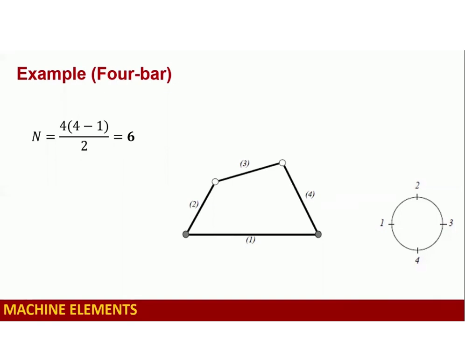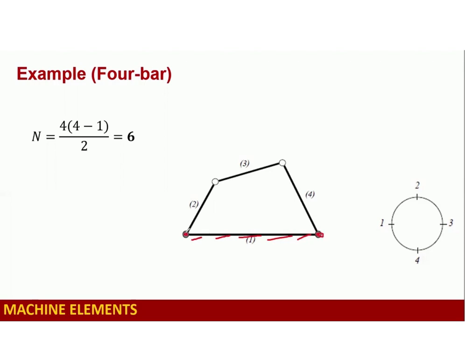The next step is to locate by inspection the instantaneous centers, the fixed and the permanent instantaneous centers. As you can see here, since link 1 is grounded on the ground, this joint here is also fixed.